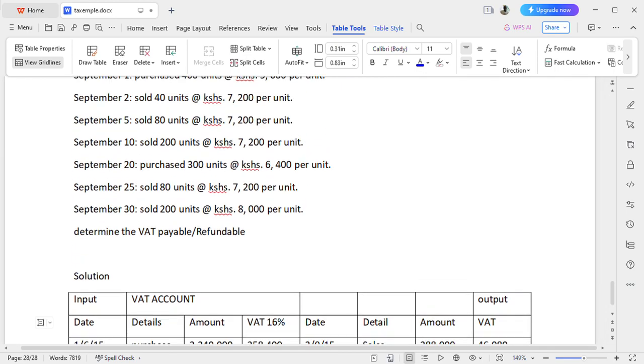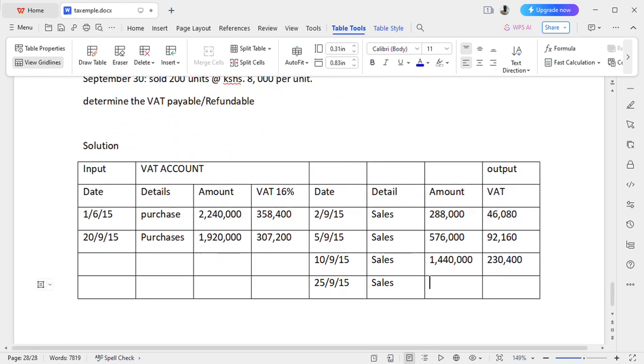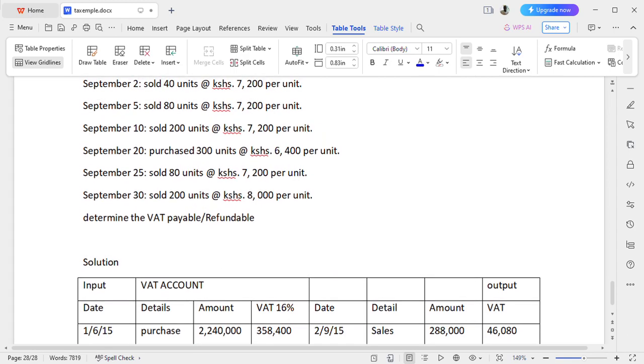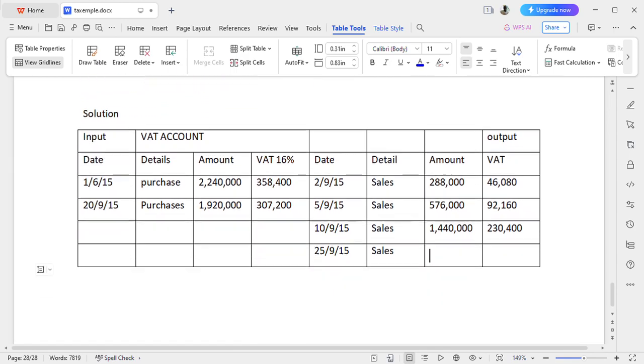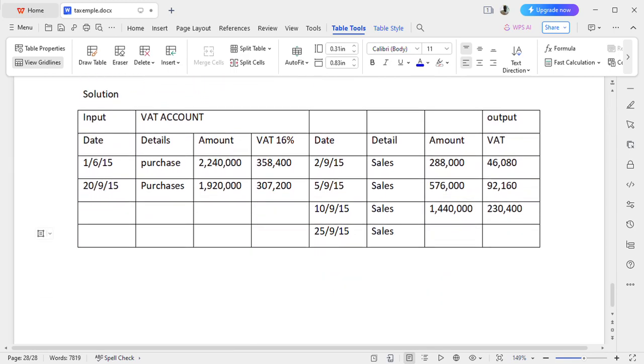There is repetition, so the same happened on the 5th. The same transaction for the 5th will be the same: 576,000, and the tax will be 92,160.